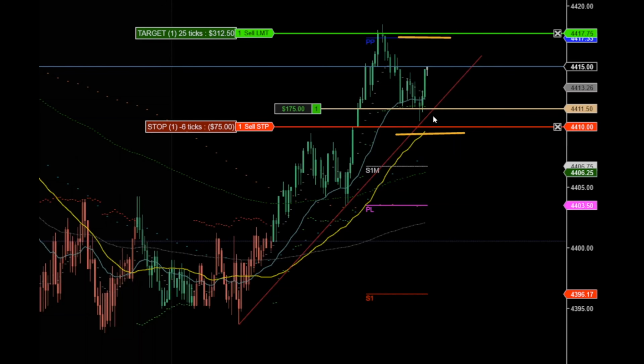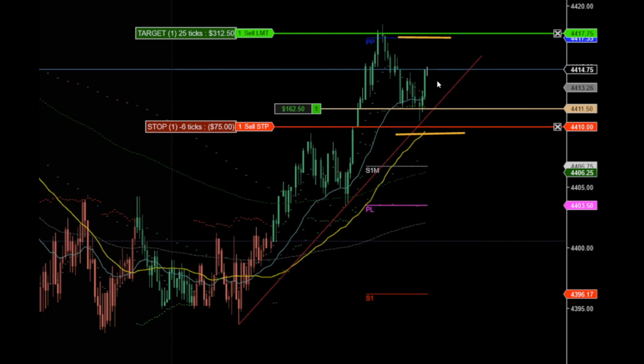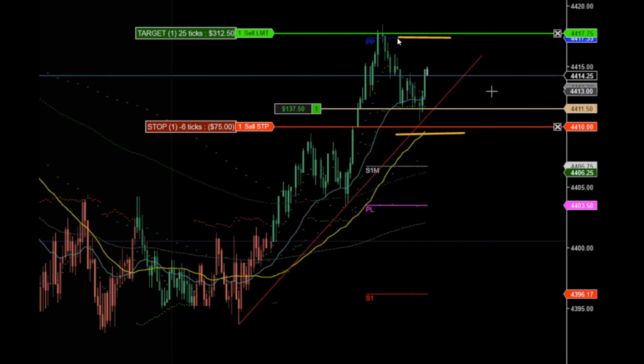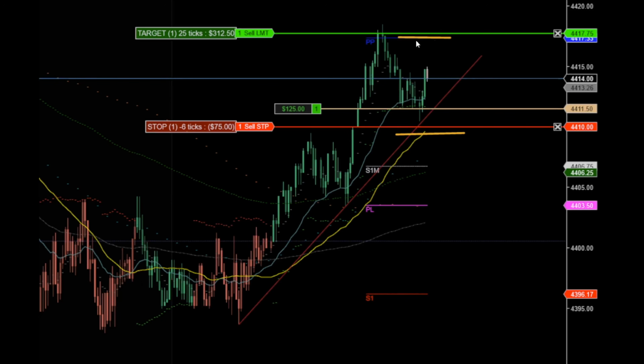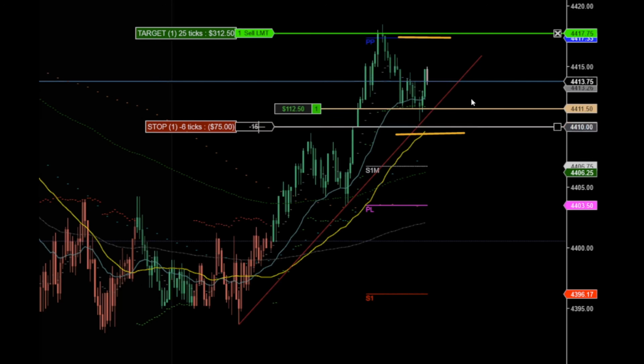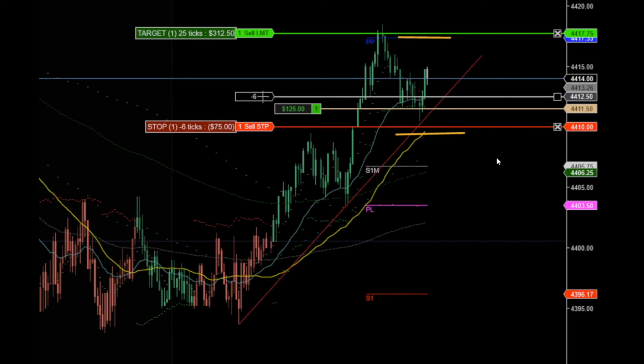That means that there are buyers here, and more buyers are coming in. And I'm trying to exit probably below that high, because I'm not sure if this is going to go all the way to the top or it may just make a new lower high here and reverse from there.